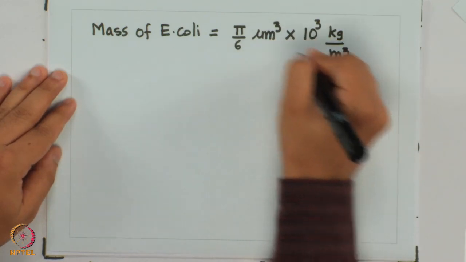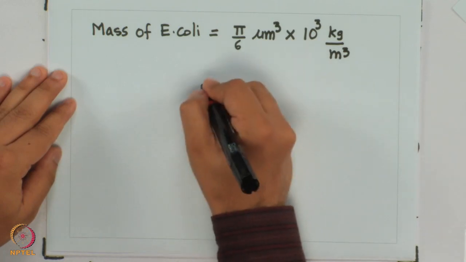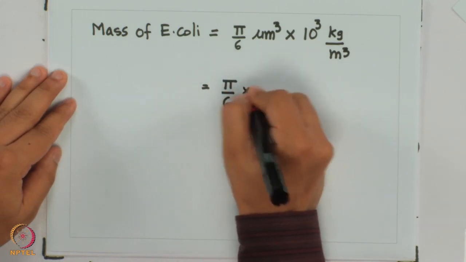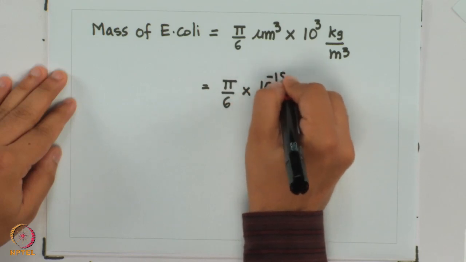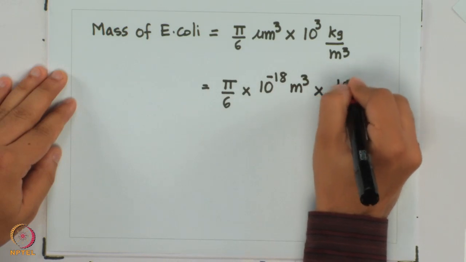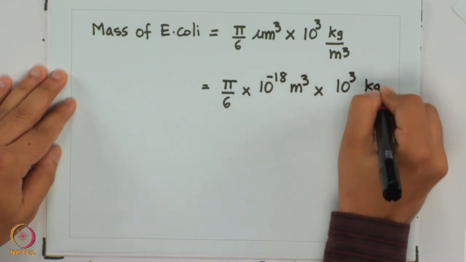Now we want to make the units identical here so we can cancel them, and we can do that by doing pi by 6 into 10 power minus 18 meter cube times 10 power 3 kg per meter cube.